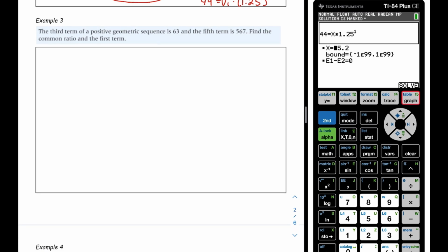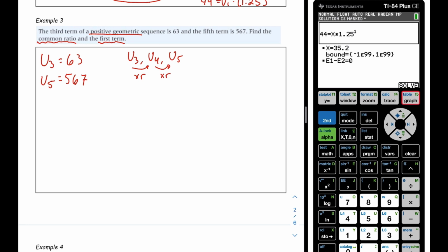The third term of a positive geometric sequence is 63, while the fifth term is 567. Find the common ratio and the first term. Okay, well, what we know is that going from u3, u4, then u5, we would be multiplying by r every step.